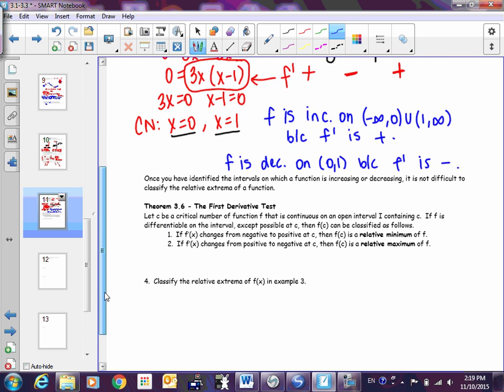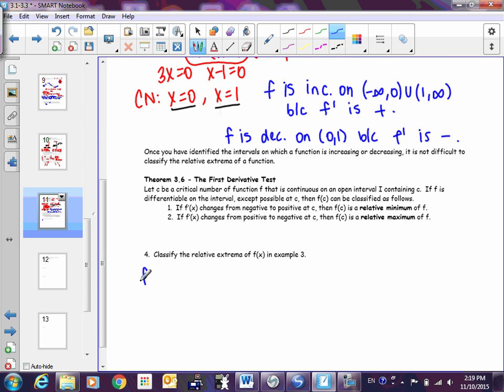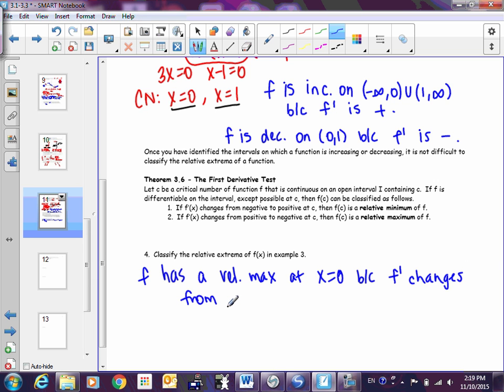So this is how we're going to write out those answers. We're going to say f has a relative max at x equals 0. I don't care about the y value with these. Just where is it happening? At x equals 0, because f prime changes from what to what.